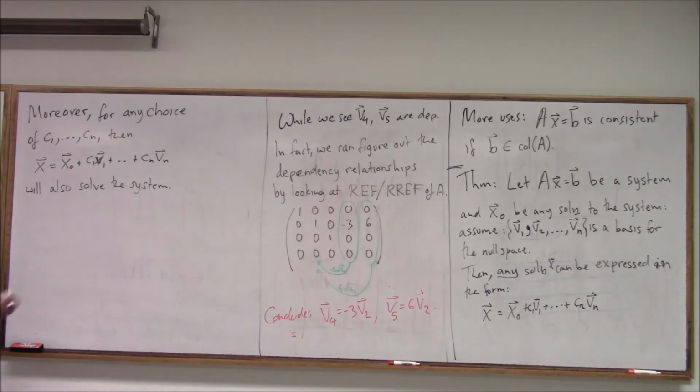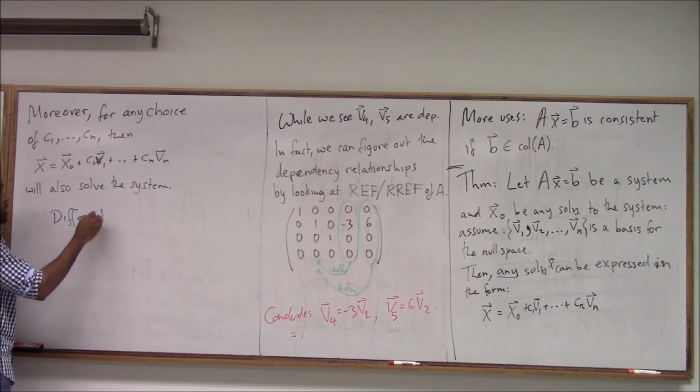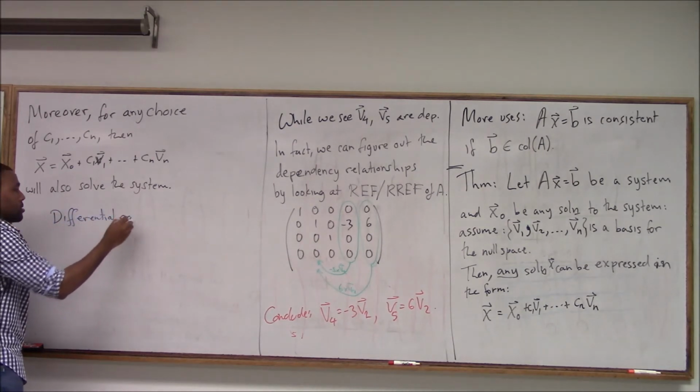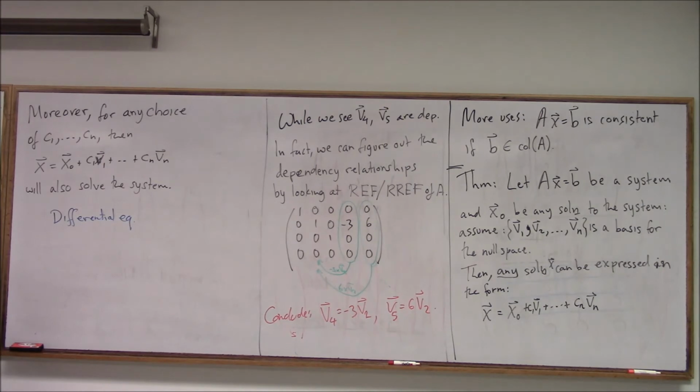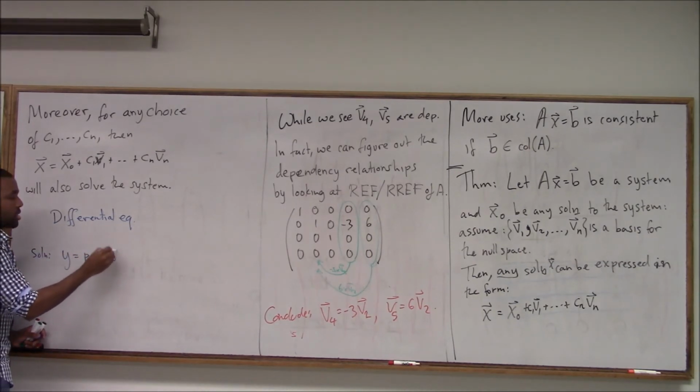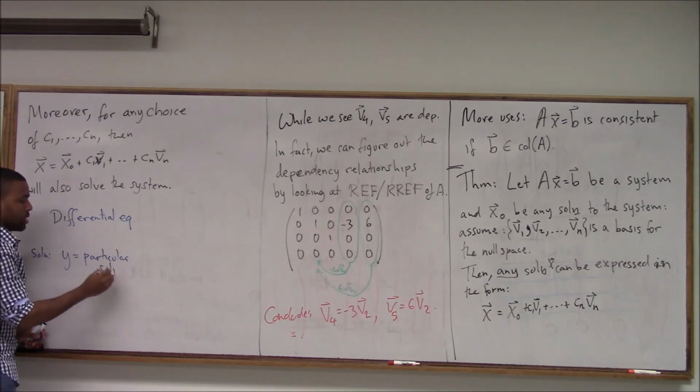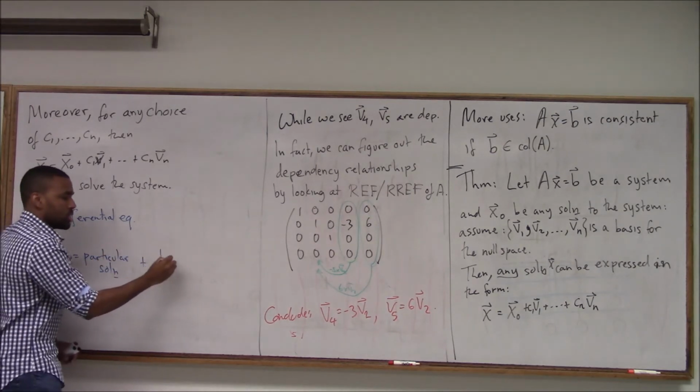I was thinking more again, and I guess not a lot of people took this, but differential equations. For those of you who've taken that. Remember, if you have a linear differential equation, then the solution was, you had to find a particular solution plus the homogeneous solution. Do you guys remember that?